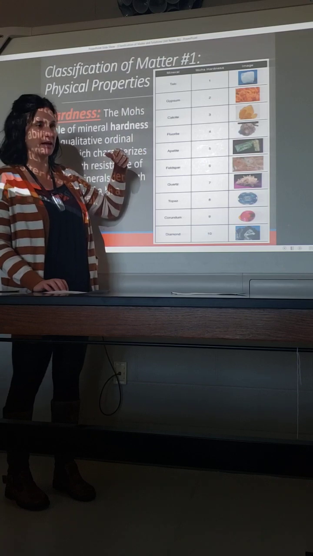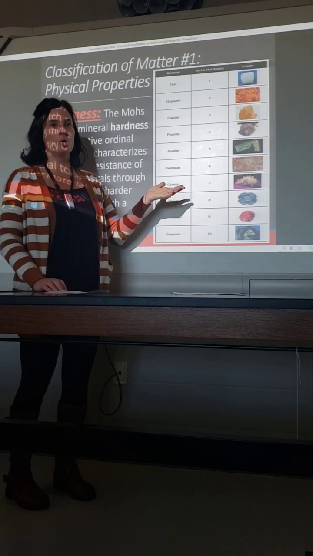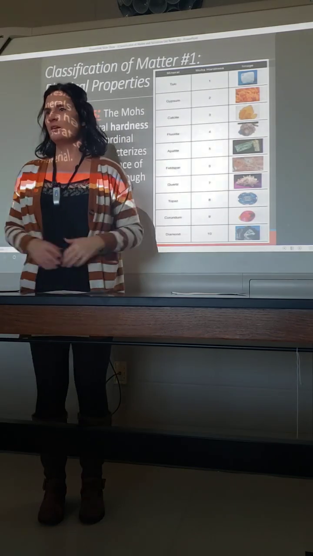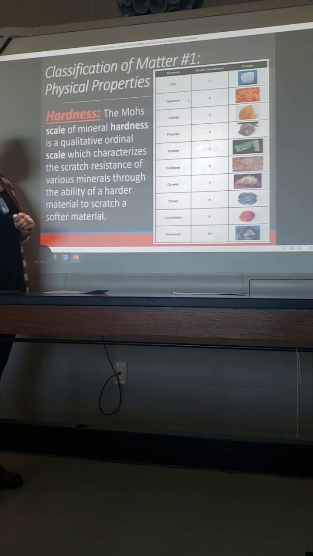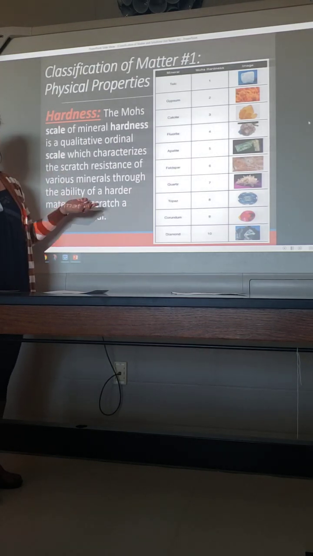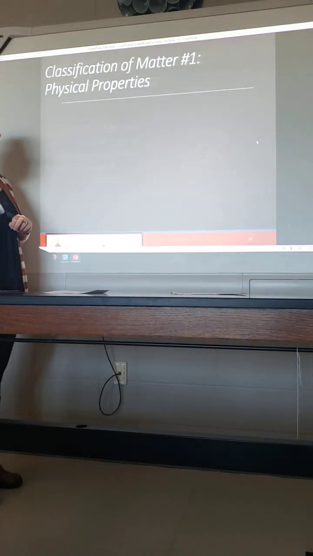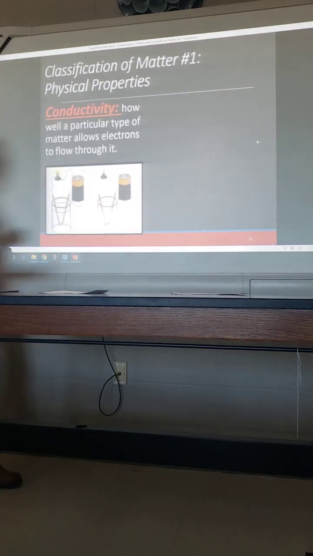It comes off on everything. Diamonds will scratch everything. It's never going to be what gets scratched, if that makes sense. This is not something that we're going to deal with a whole lot, but it is a physical property. You can look up the hardness of lots of rocks and minerals, and it can help you identify and group them.